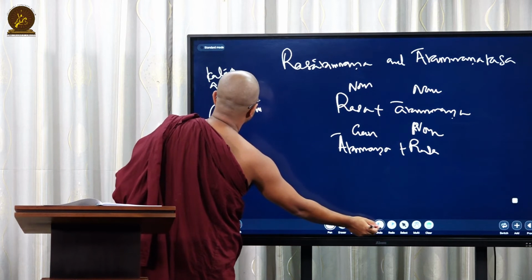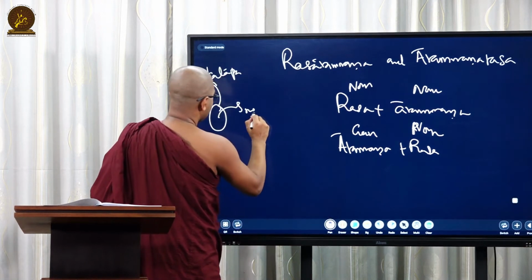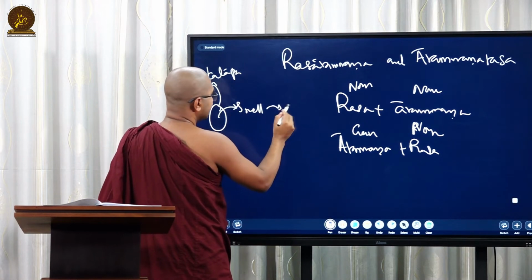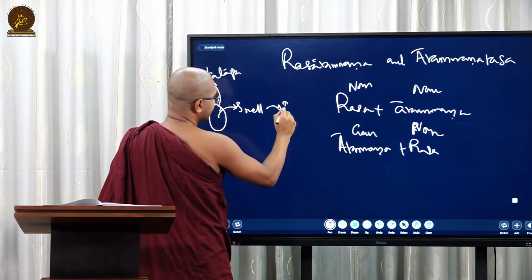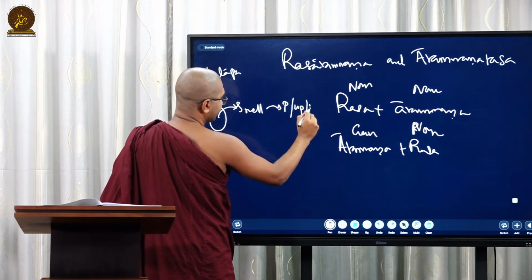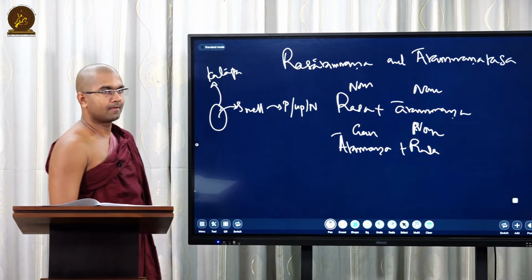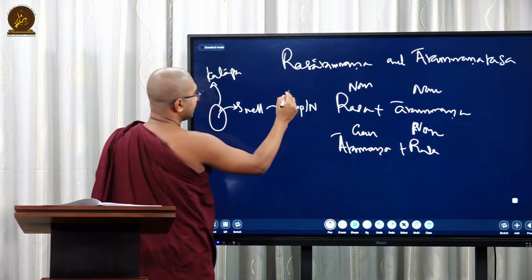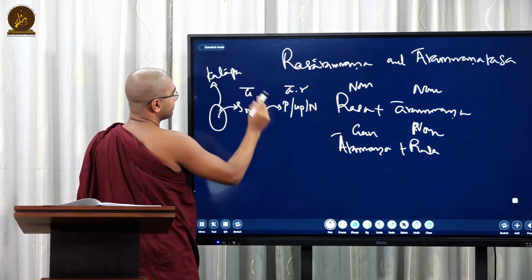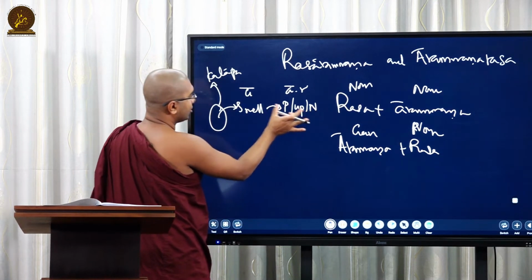This smell has Arammanarasa, either pleasant or unpleasant, or neither pleasant nor unpleasant, neutral, for example. Right? Arammanarasa, this is Arammana. Arammana contains this quality.